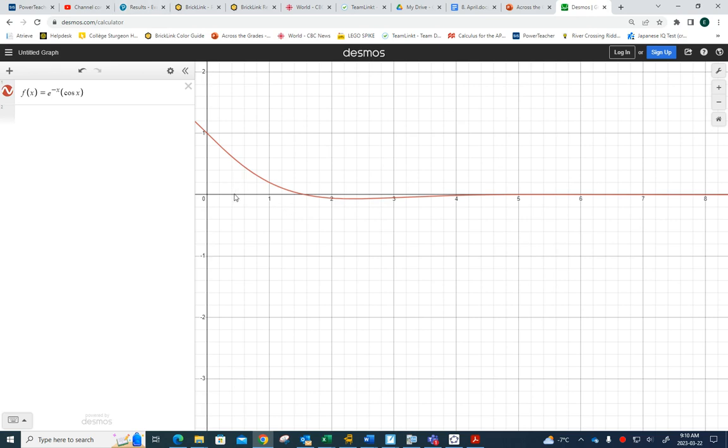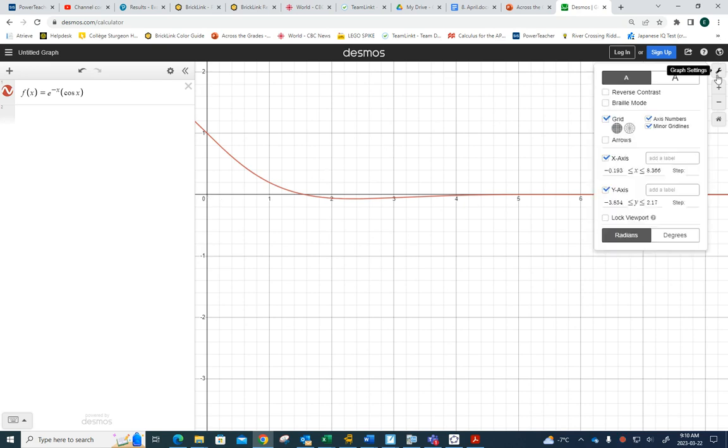There's probably a way I can change my scale even. I've got to get even better at Desmos. I bet you I could make my scale on Desmos go by pi over 2s. Hit the tool button. Yes.